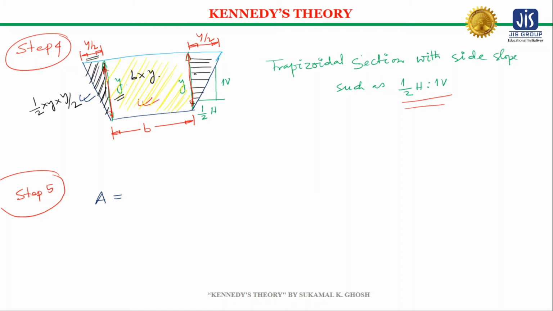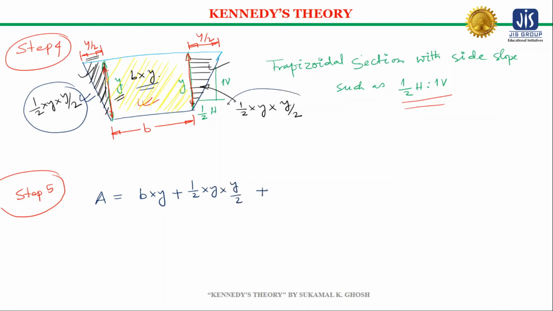Since this triangle and this triangle are same, it will also have an area of half into y by 2. So the total area will be b into y, that is this area, plus half into y by 2, plus this area, that is also half into y by 2.